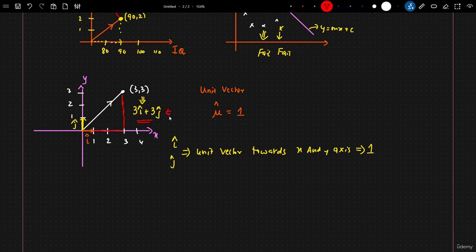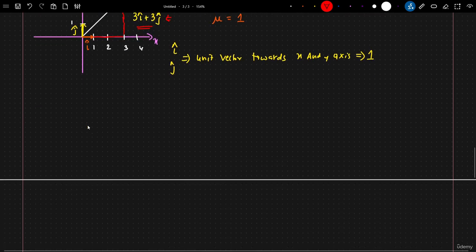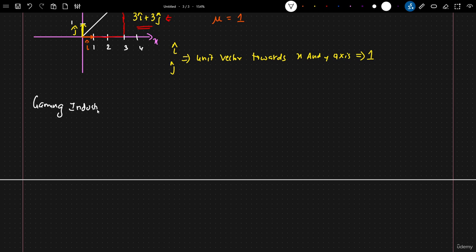Let me talk about some very good examples that we probably use every day, specifically in the gaming industry. In the gaming industry, vectors are used a lot. I hope everybody has played GTA, right? GTA 6 is probably a crazy thing which people are waiting for.